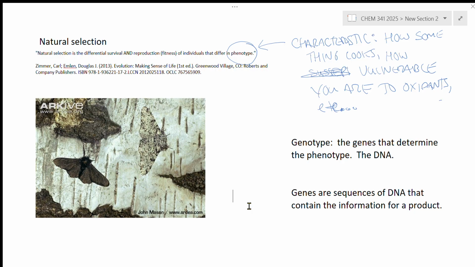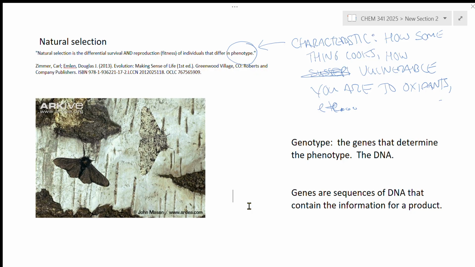So this was happening in England. So it was better to be this kind of moth because birds were eating the other moth, as it was easier to see on birch trees. But then what happened in England? The Industrial Revolution happened, and you got a bunch of soot on the trees, and now all the trees were black, and now it was better to be this moth.